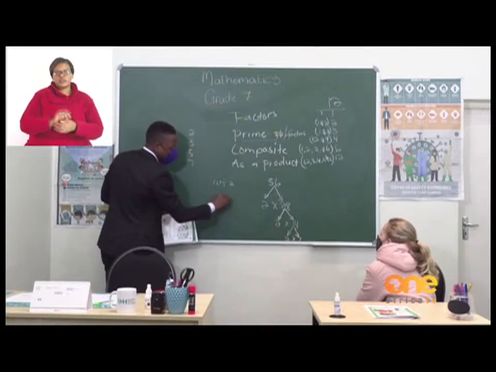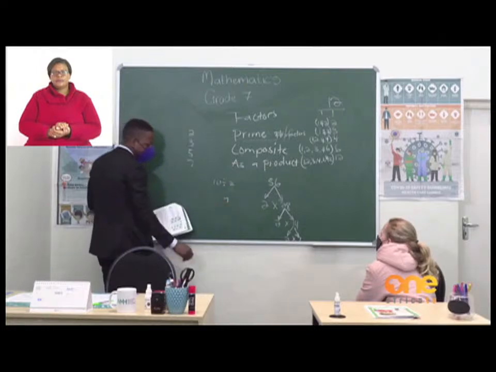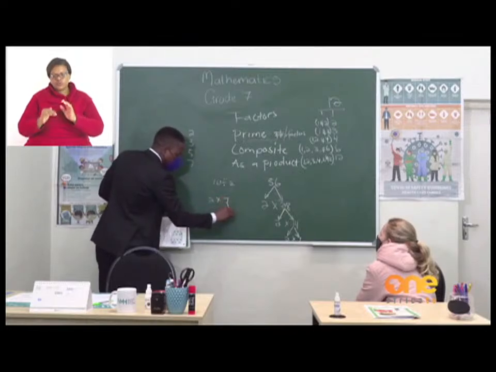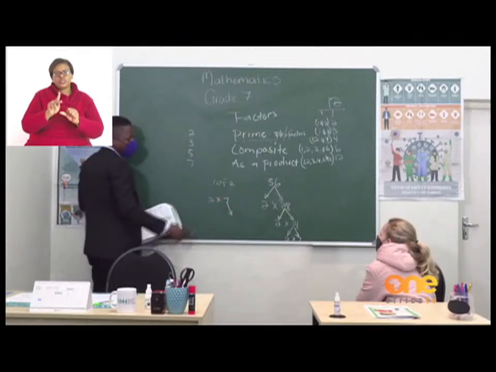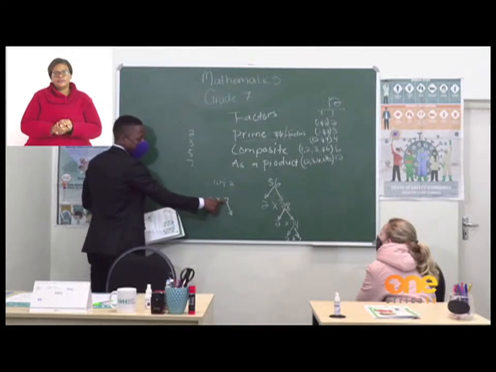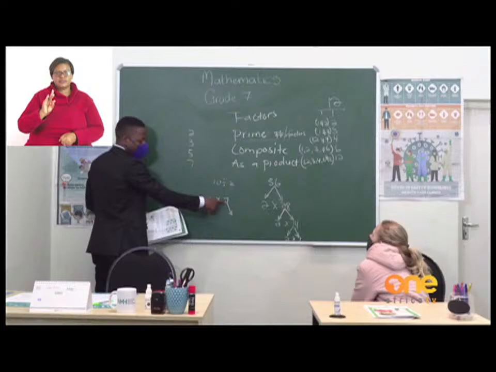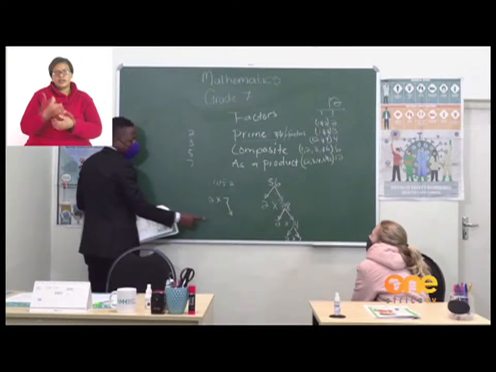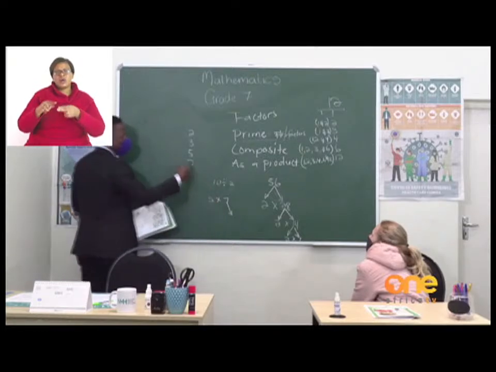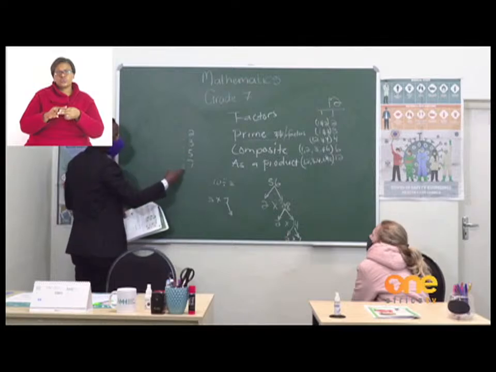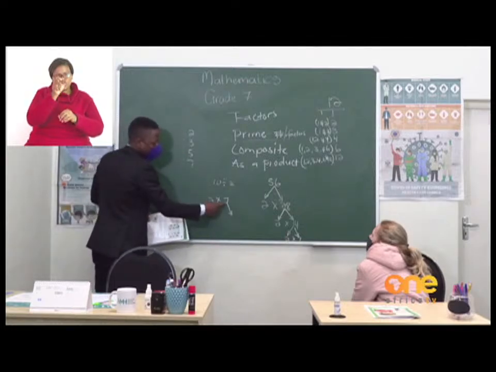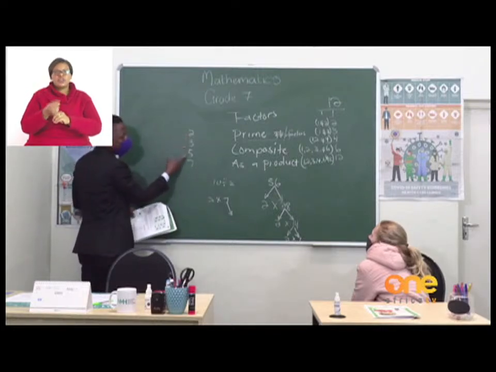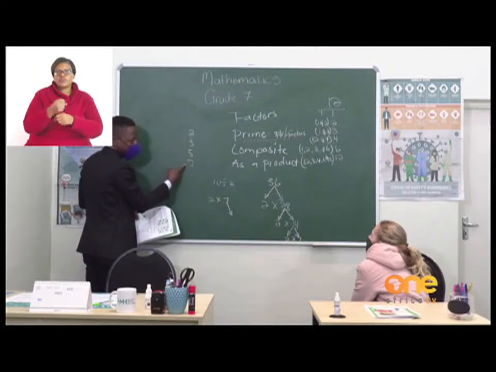I have to continue somewhere here due to space. That is a 7. I still have to continue. I cannot halve 7 because if I halve 7, I'll have a remainder. So in this case, I have to use a prime factor on this list that will divide into 7 to give me a whole number. 2 cannot, 3 cannot, 5 cannot, 7 can.